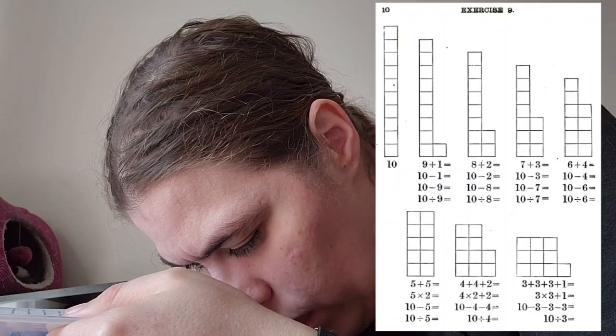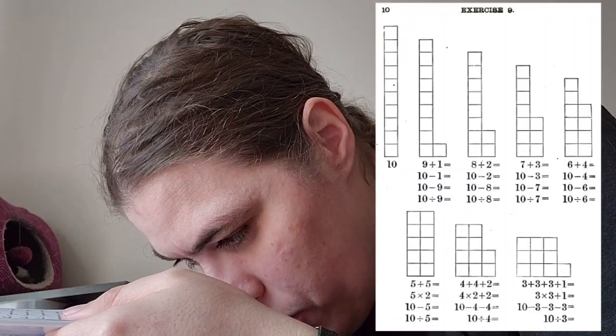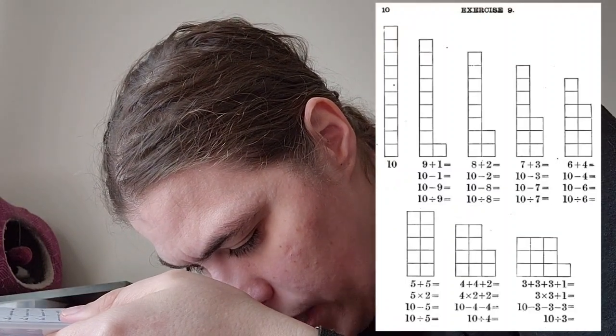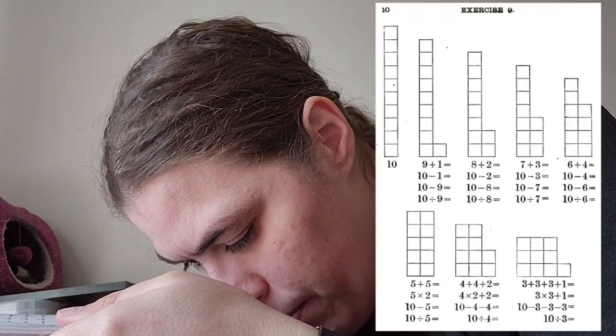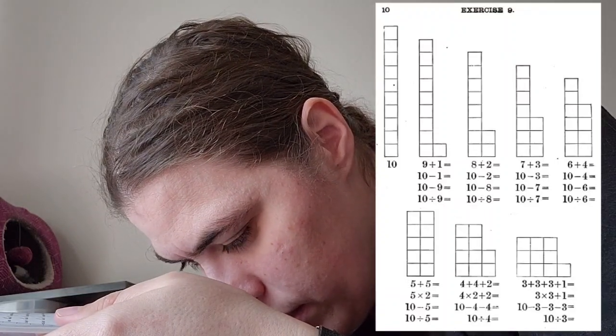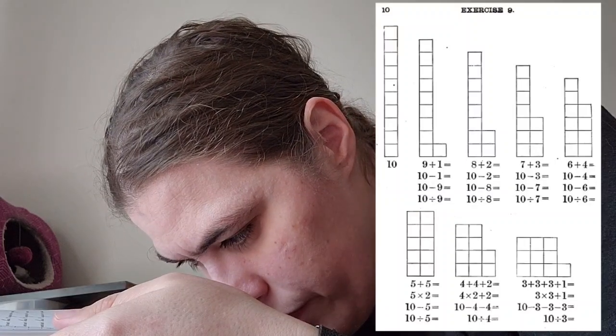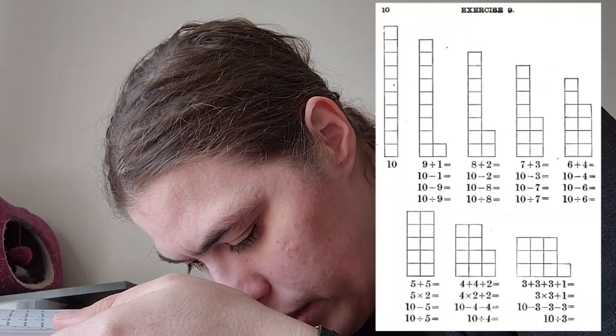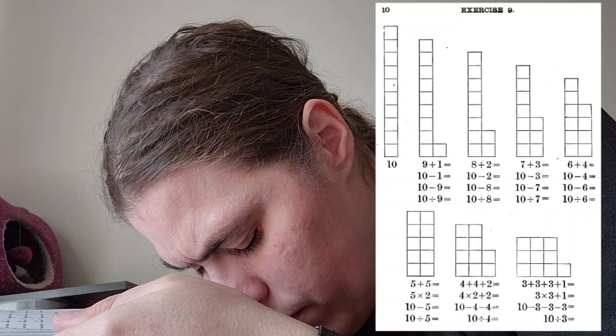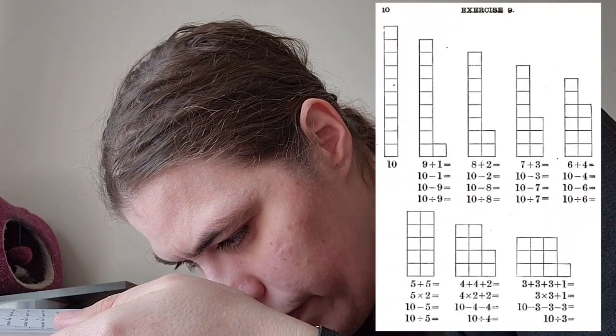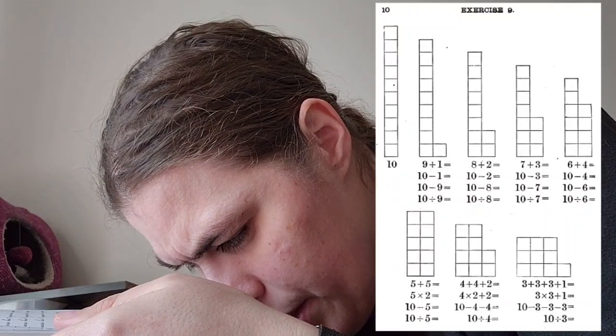4 and 4 and 2 are 10. 4 times 2 is 8 plus 2 is 10. 10 less 4 is 5, I think.